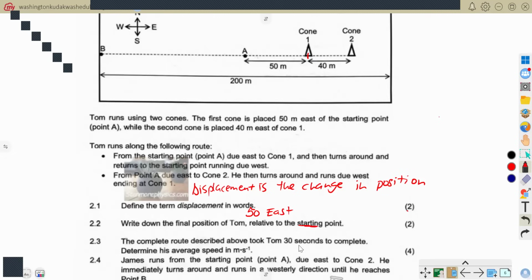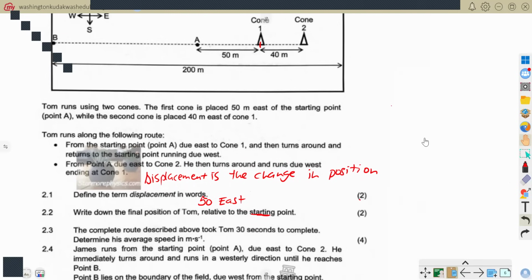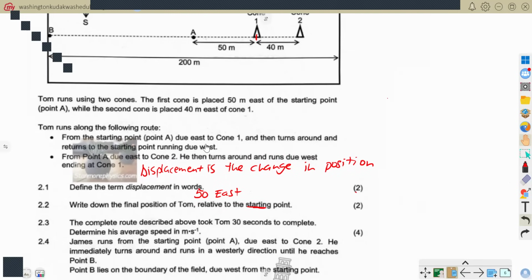Now let's hear the third question. 2.3 is saying the complete route described above took Tom 30 seconds to complete. Determine his average speed. So we know that when we are looking at speed, let me answer question number 2.3 here.